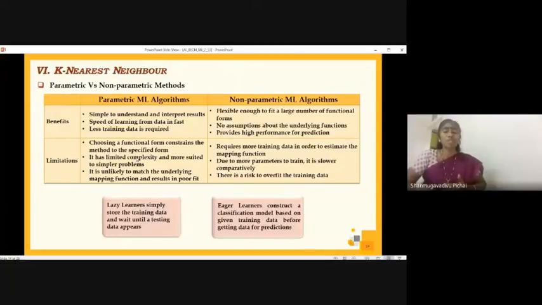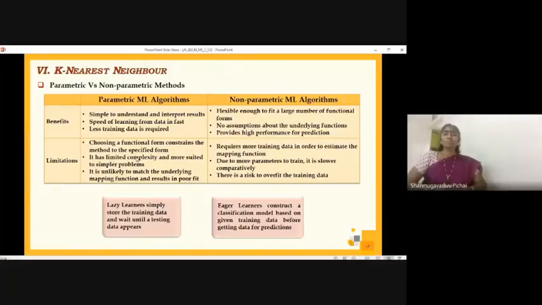That is, before the testing data appears, the model will be ready and the training is done. So these are the two different classifiers, two different aspects of the learning process, based on the nature of learning and the behavior of the model towards testing as well as training. We classify them into lazy learner and eager learner. Let us move on to the next aspect.